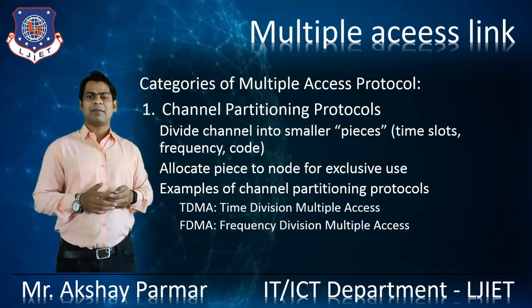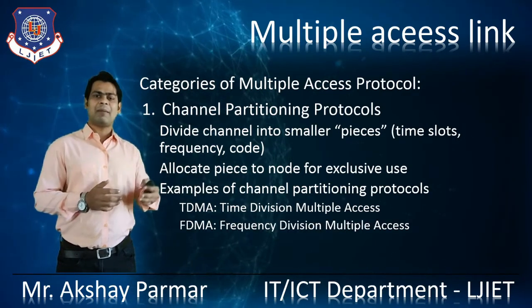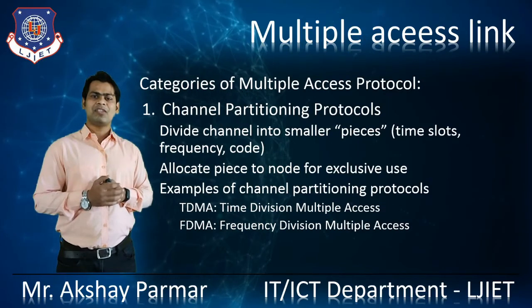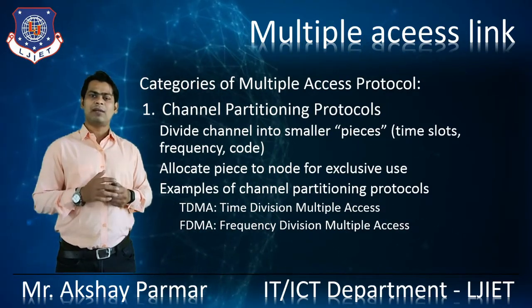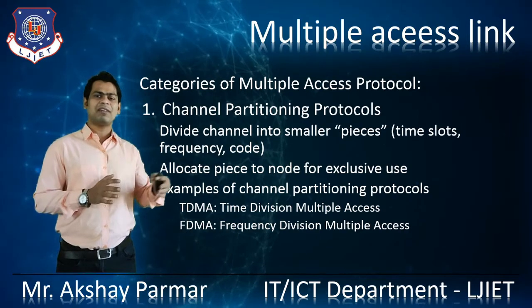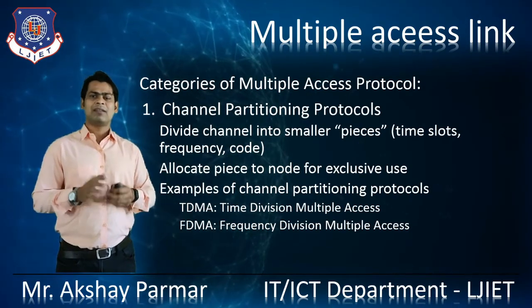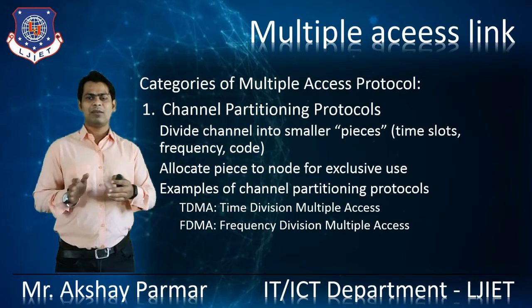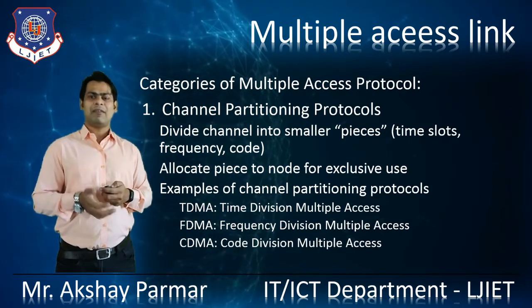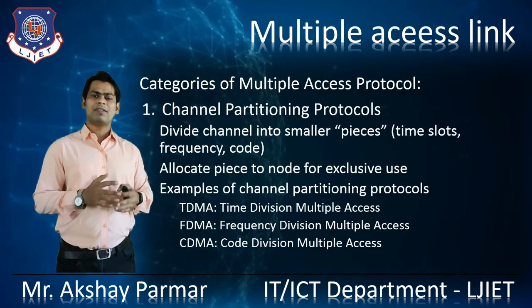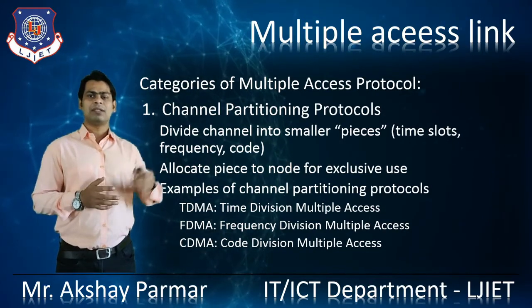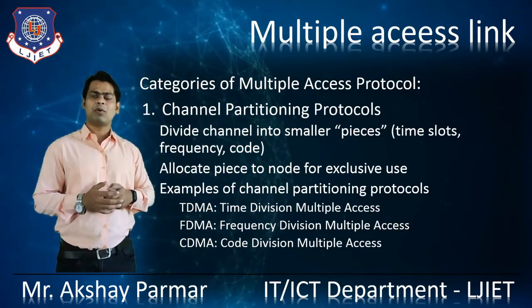Another is FDMA, the frequency division multiple access, in which the channel is divided into smaller pieces of frequency ranges, and a frequency range is assigned to each node. And the last one is CDMA, the code division multiple access. So this is about the channel partitioning protocol.